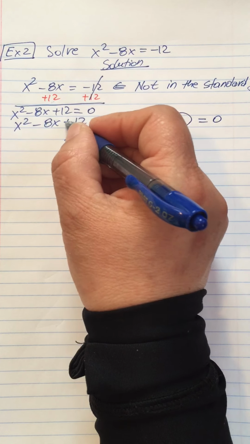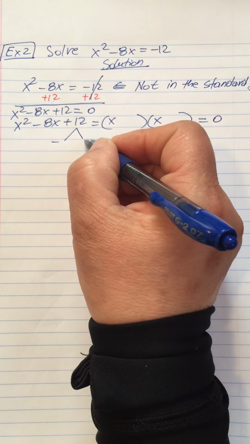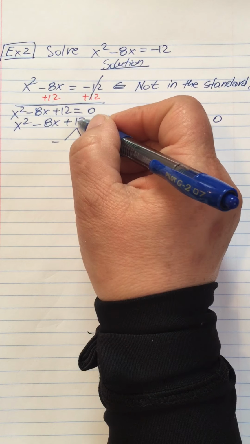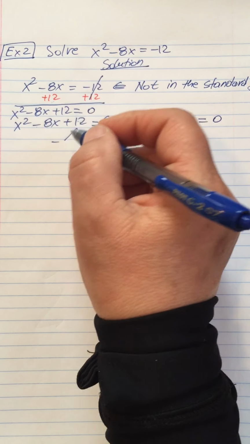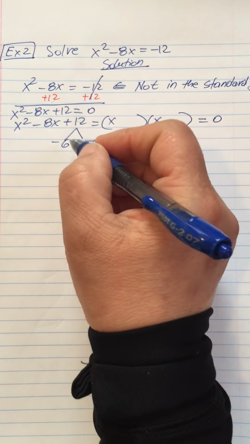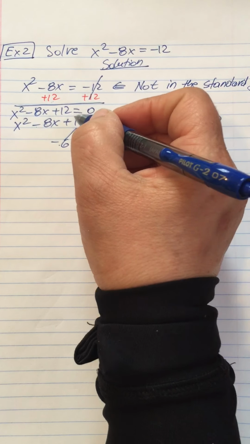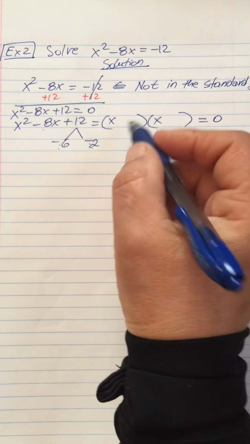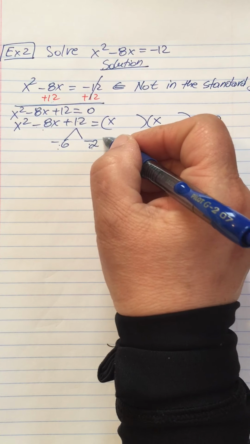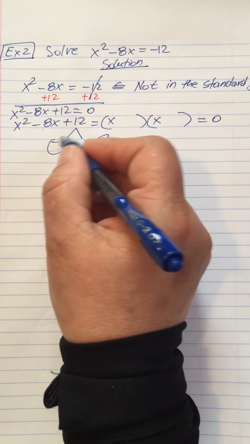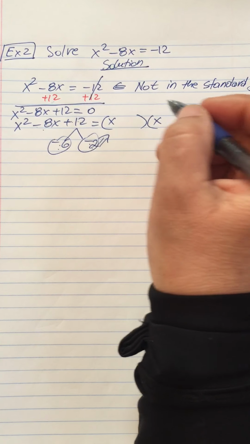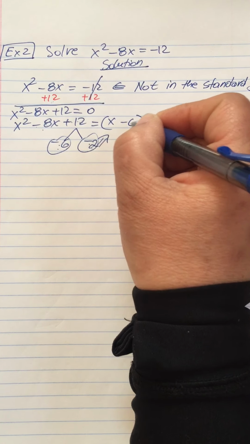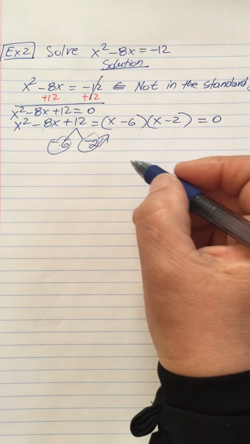The product is positive, same sign, both negative. What are the factors of 12 that will satisfy 8? They are 6 and 2. So negative 6 times negative 2 is positive 12, and negative 6 plus negative 2 is negative 8. Ready to place them into the binomials? So I will write negative 6 here, negative 2 here, it doesn't matter.